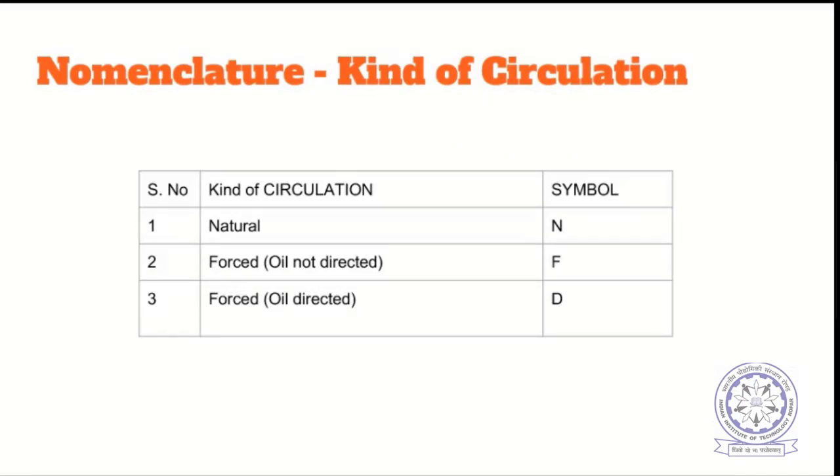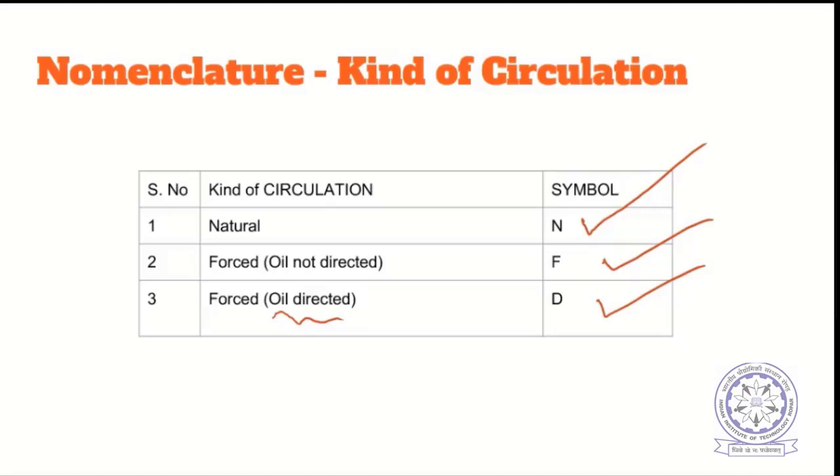For that purpose we use the F symbol. Of course, natural we use the symbol N. For forced and oil not directed, we use the symbol F. But forced, if oil is directed, then we use D instead of F.